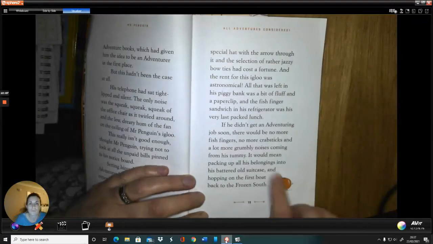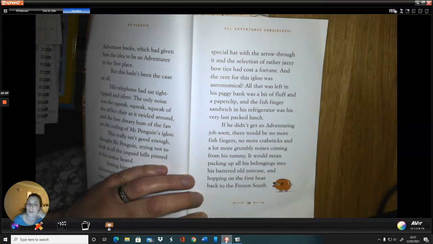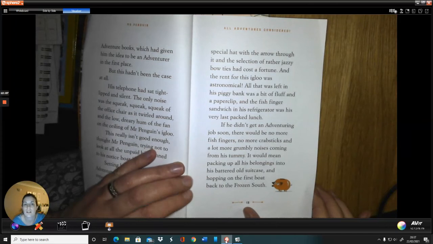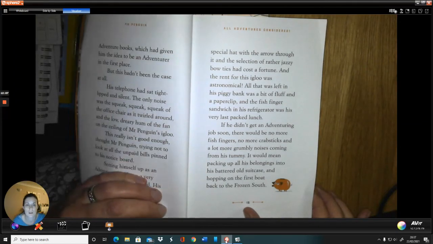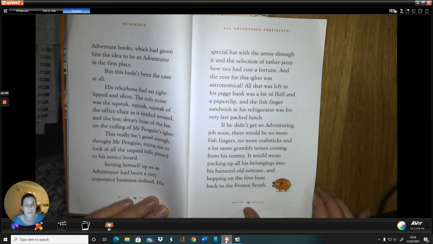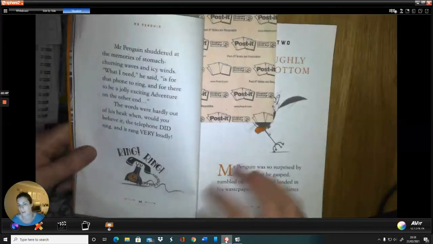All that was left in his piggy bank was a bit of fluff and a paper clip, and the fish finger sandwich in his refrigerator was the very last packed lunch. If he didn't get an adventuring job soon, there would be no more fish fingers and no more crab sticks, and a lot more grumbly noises coming from his tummy. It would mean packing up all his belongings into his battered old suitcase and hopping on the first boat back to the frozen south.